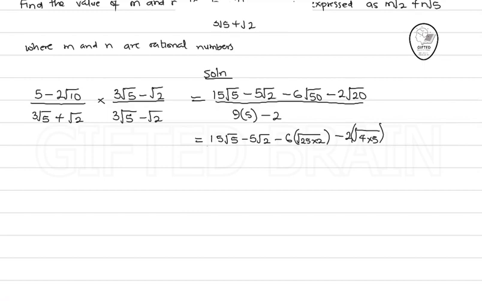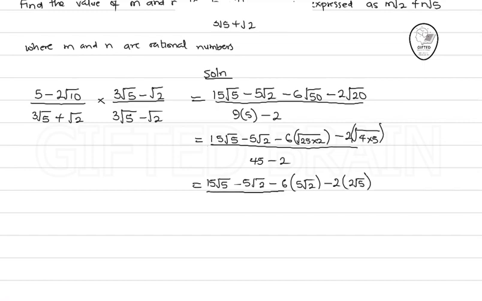Then all over 45 minus 2. And so we can have this as 15 root 5 minus 5 root 2 minus 6 into the bracket of 5 root 2, and then minus 2 into the bracket of 2 root 5, all over 43.